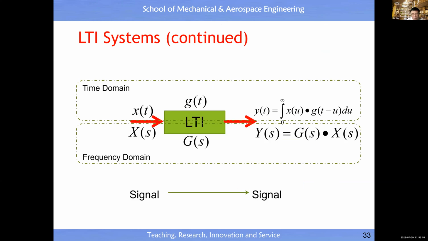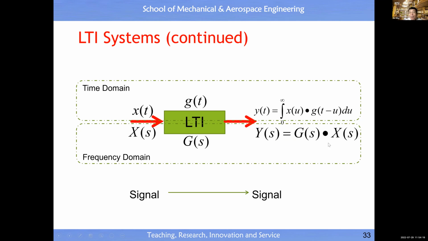So etc. Then with an LTI system, there is always the Laplace transform, all right? If you have a system, then in time domain, if you want to compute the output, you must do convolution. In frequency domain, because there's a Laplace transform and a transfer function, the Laplace transform of output is equal to the transfer function times the Laplace transform of input.